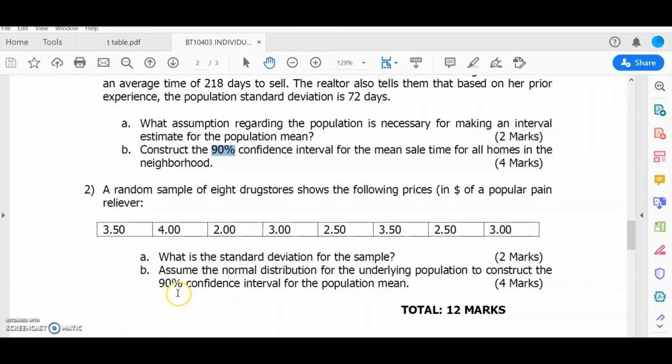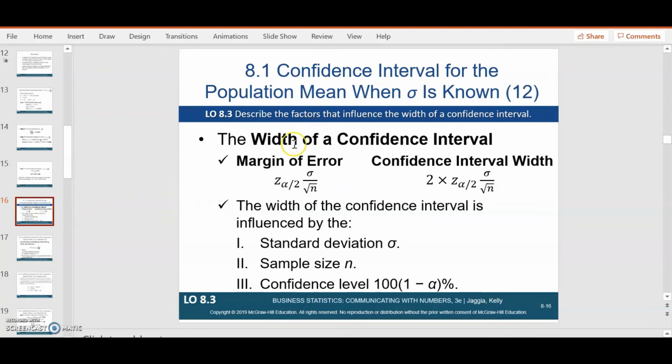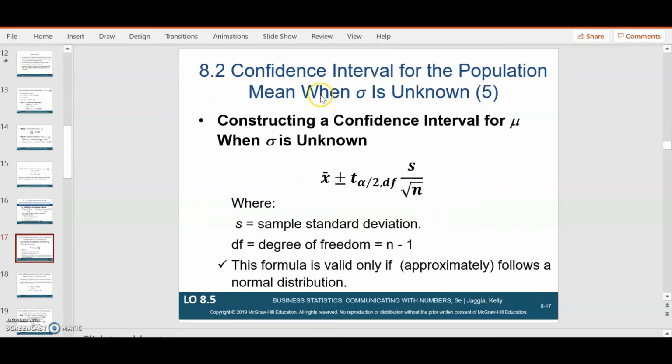So in order to guide you to answer question 2, let us use these slides. Here, the confidence interval for population mean when sigma is known. And here, the confidence interval for the population mean when sigma is unknown, just like the situation that we have in question 2.